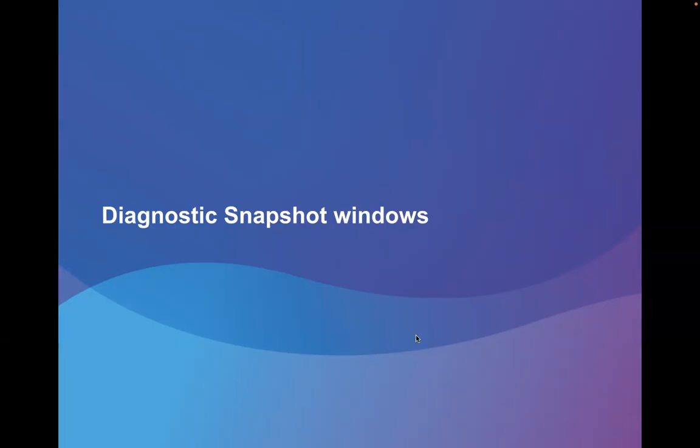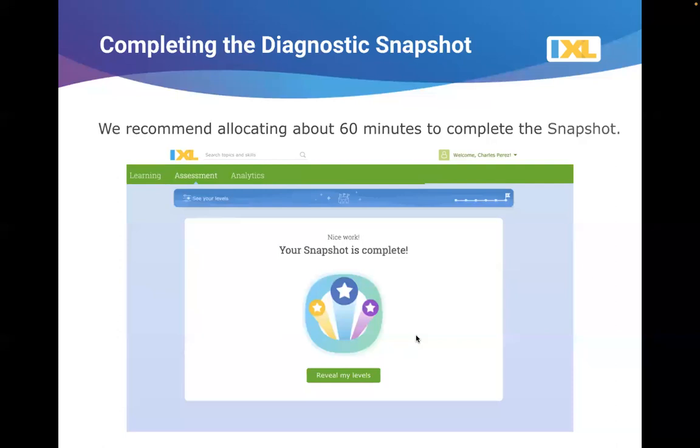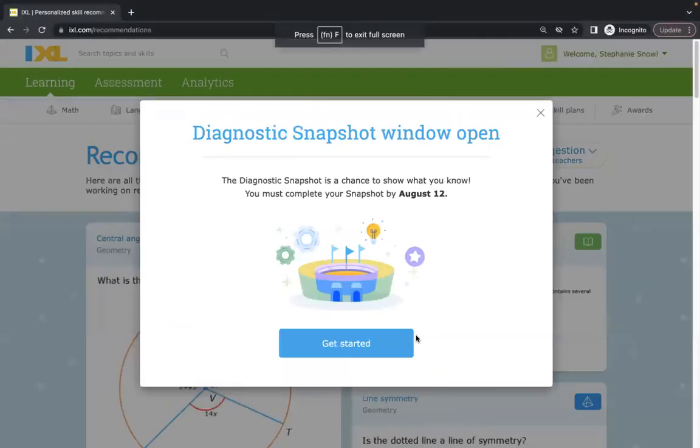The first thing we're actually going to do is look at the student perspective for the snapshot. I just want to be sure we understand what our students are going to see when they log in and the snapshot window of time is open. When your administrator sets up a snapshot window and your students log into IXL through Clever, they will see the screen that you see on your screen.